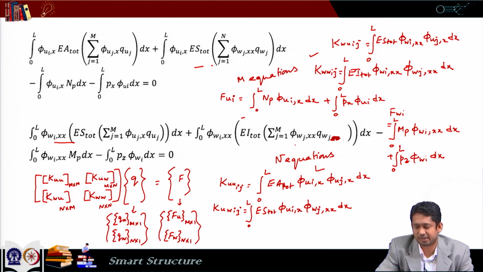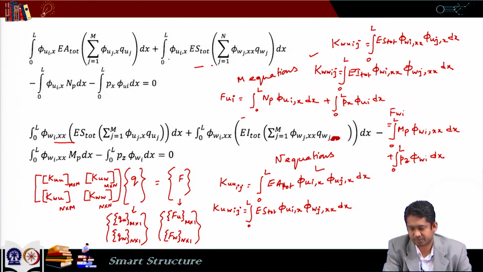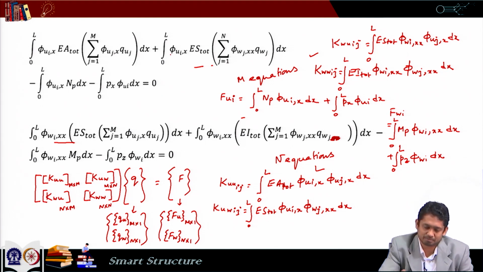Here we had to choose phi in such a way that it is differentiable at least 4 times. But here, because we have distributed the derivatives, in the present case, the requirement of differentiability is just 2. So, now phi w needs to be differentiable at least just 2 times, and similarly phi u I needs to be differentiable just at least 1 time, and also with this formulation the matrix K becomes symmetric.